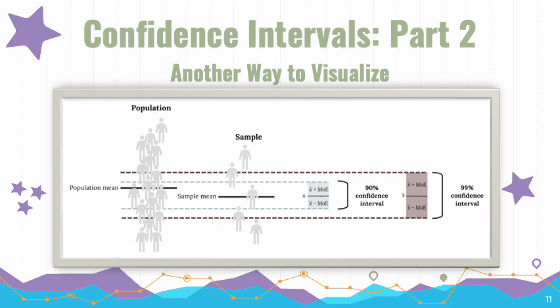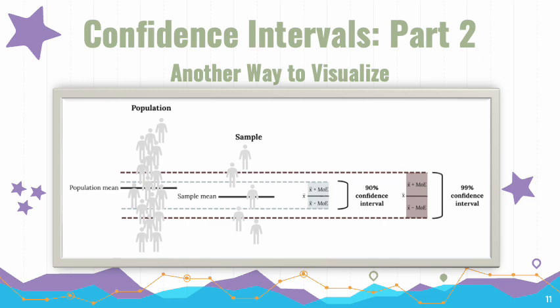When we move out further to the right and we look at the maroon, we have our 99% confidence interval. Notice that the 99% confidence interval captures our sample mean, everything within the 90% confidence interval, including that population mean, and it captures even more of the data beyond what the 90% captured.